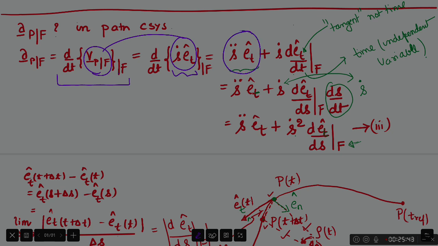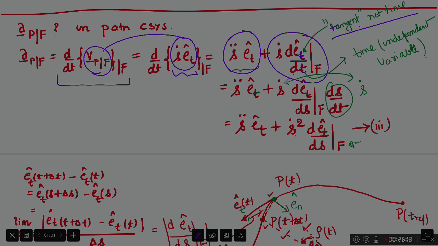First has s double dot et, and then I have s dot multiplied by the time derivative of et, the tangent unit vector with respect to f. Here I am again reminding ourselves that when t appears as a subscript to a unit vector, that t implies the word tangent and has nothing to do with time.